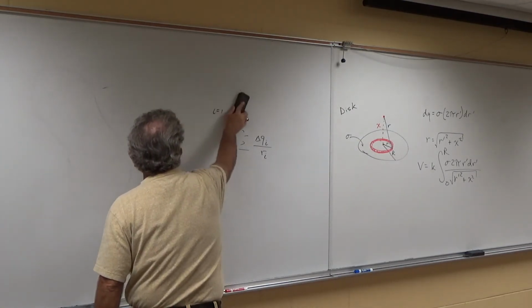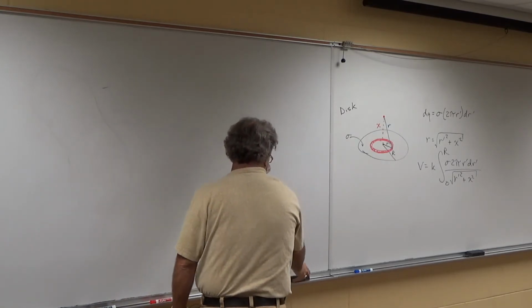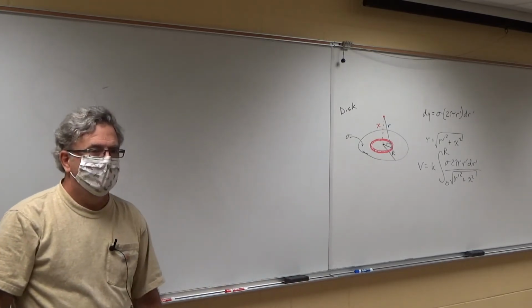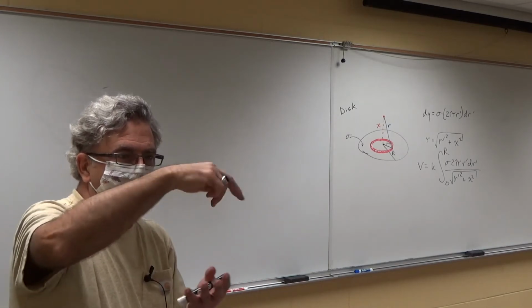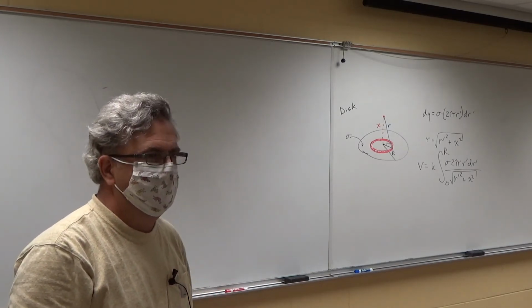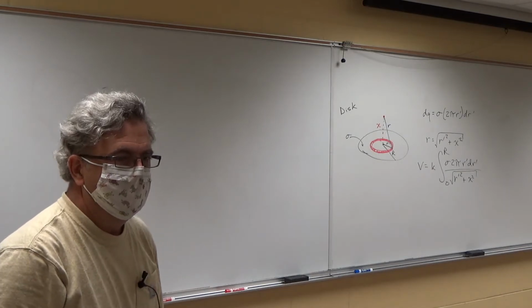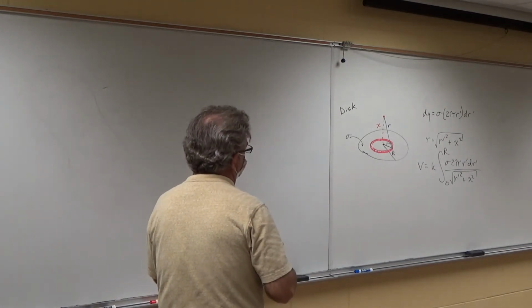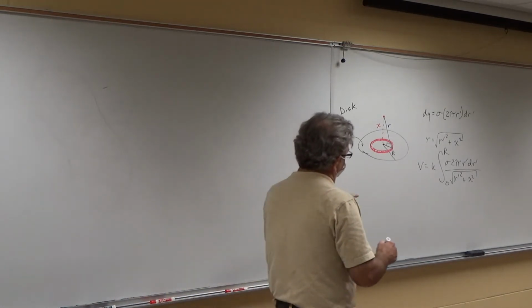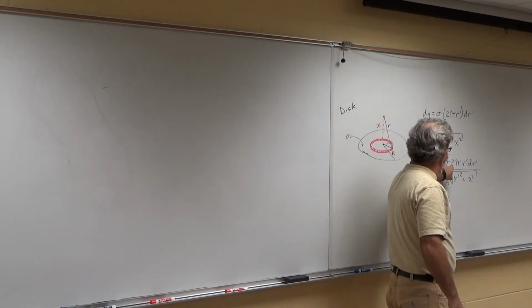Haven't you guys done the disks and rings and stuff in Calc 2? Finding volumes and rotations, same kind of deal here. We have a lot of constants that we can factor out.